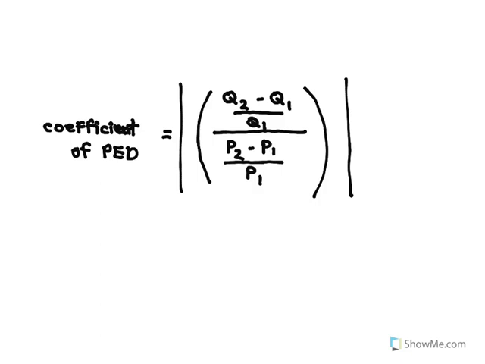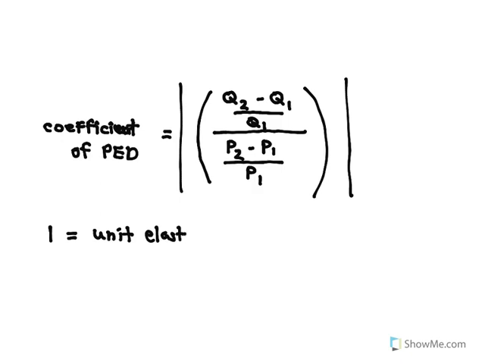And so when we do the absolute value here, which means taking that result and making it a positive number, if that number is 1, the demand is unit elastic.